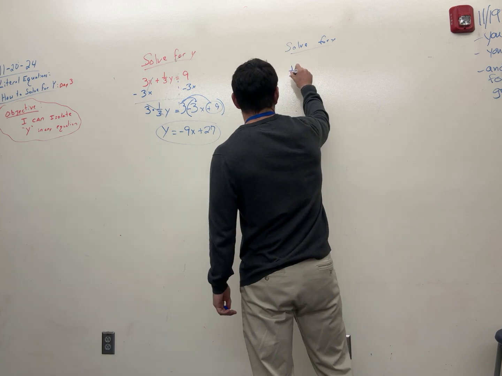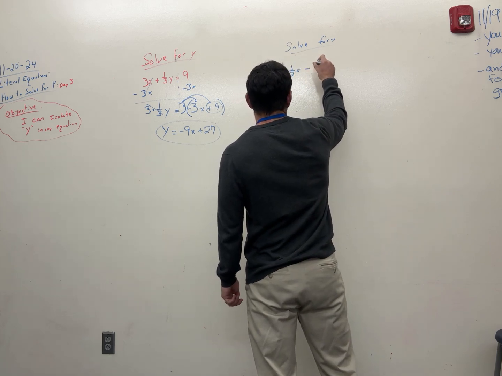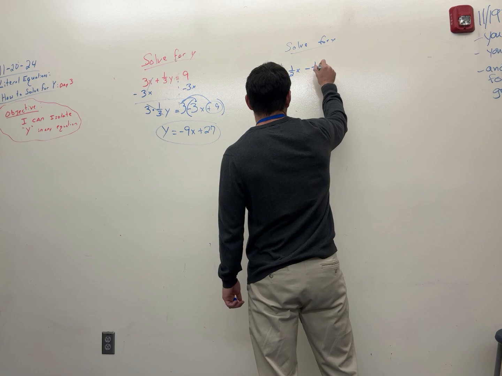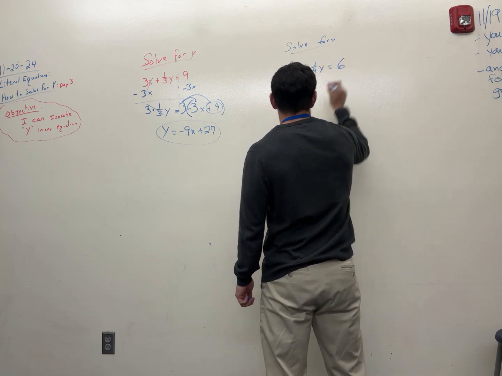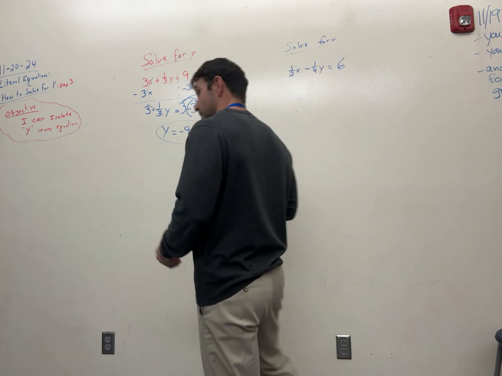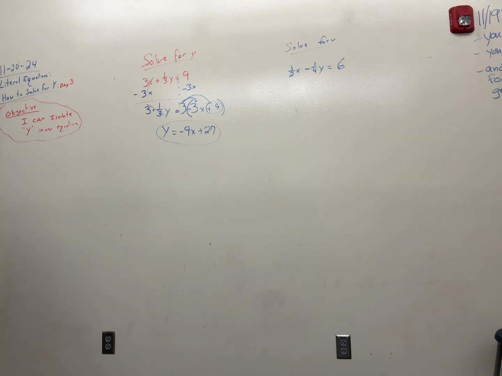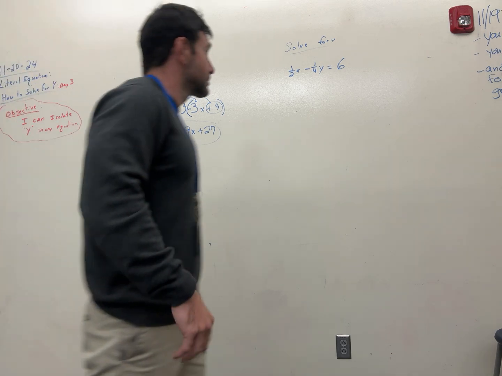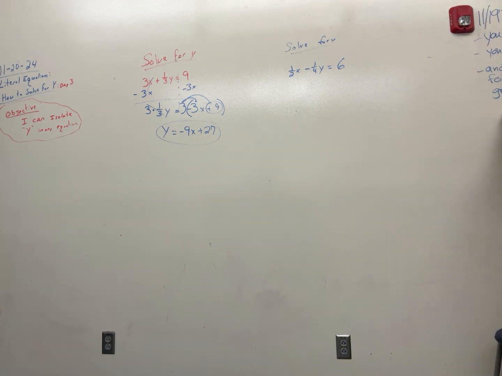Let's go 1/2 x minus 1/4 y equals 6. Okay, a little bit tougher. What don't we like about this one? There are 2 fractions. Oh, crud. Does that change anything?